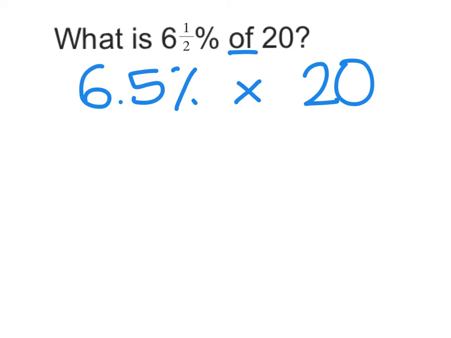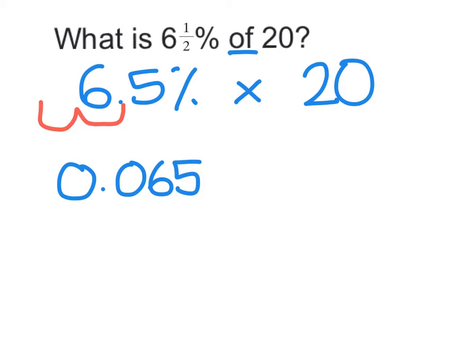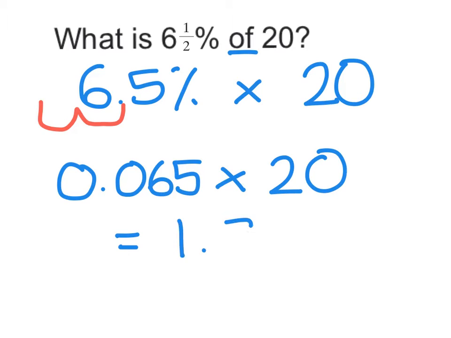Next, I'm going to change my 6.5% to a decimal by jumping to the left 2 times, which gives me 65 thousandths times 20, which equals 1 3/10. So 6.5% of 20 is 1 3/10.